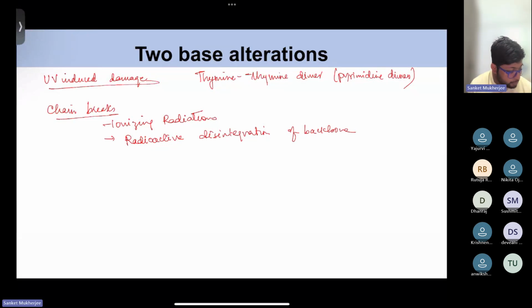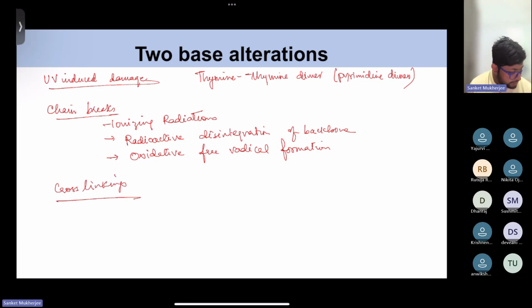There could be oxidative free radical formation, like the reactive oxygen species that I mentioned, like superoxide radical, hydroxyl radical. These can also be reasons behind chain breaks, right? Then there could be cross linkings.